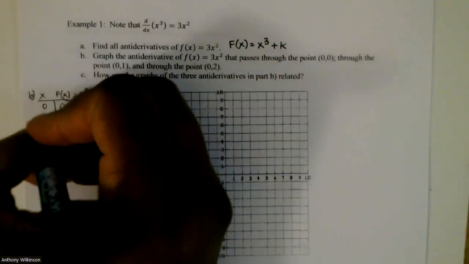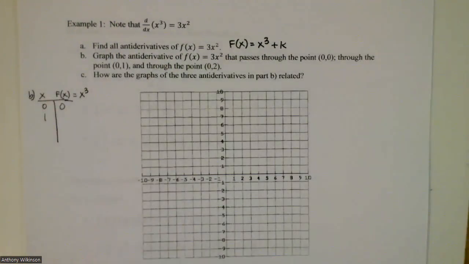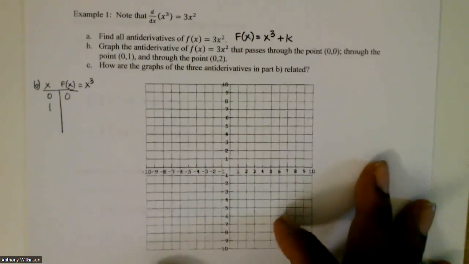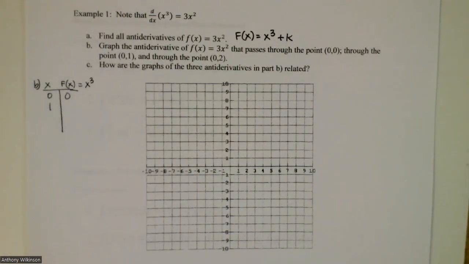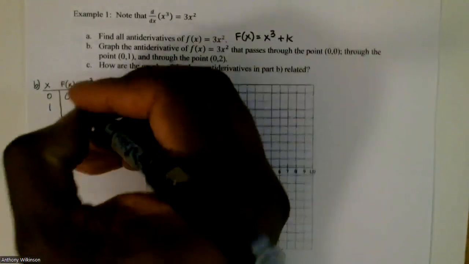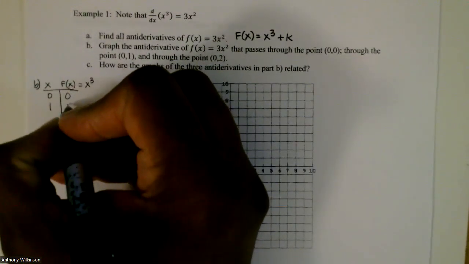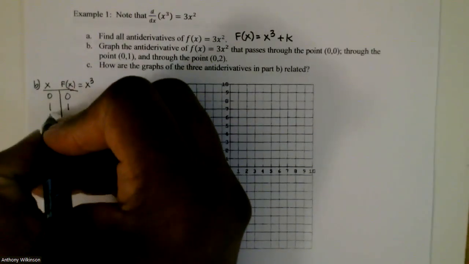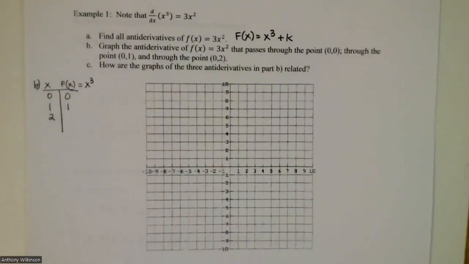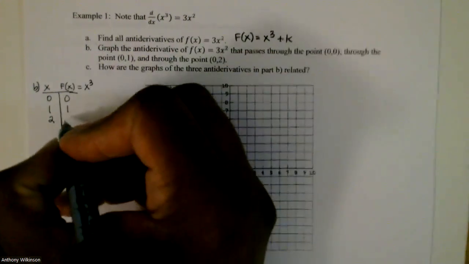So here, we're just going to select some values for x. For x equal to 1, 1 cubed, or 1 times 1 times 1, will be 1. If x is equal to 2, 2 cubed, or 2 times 2 times 2, will be 8.